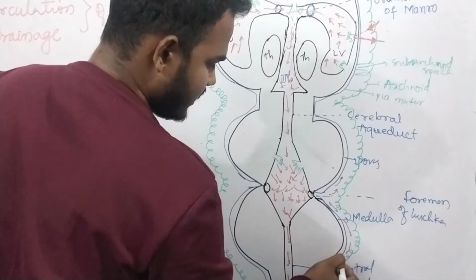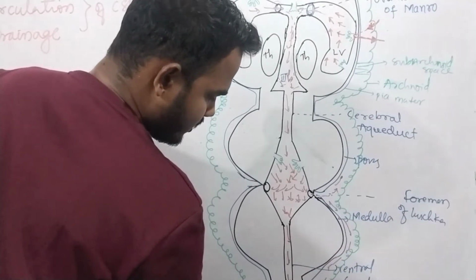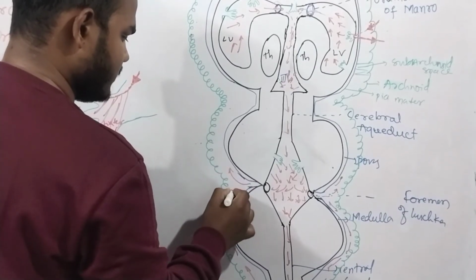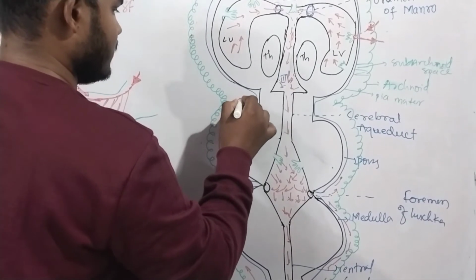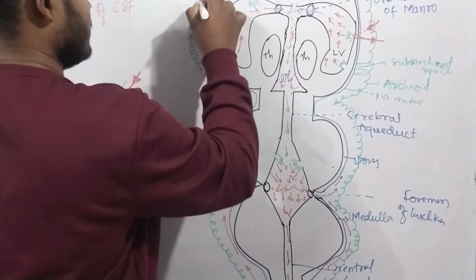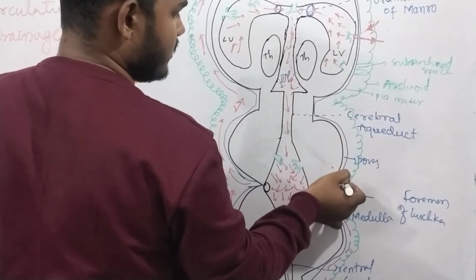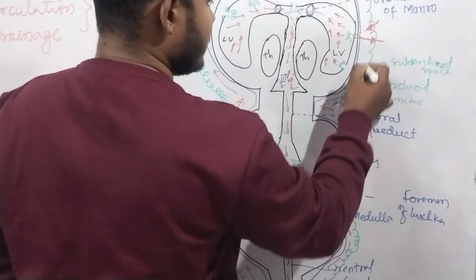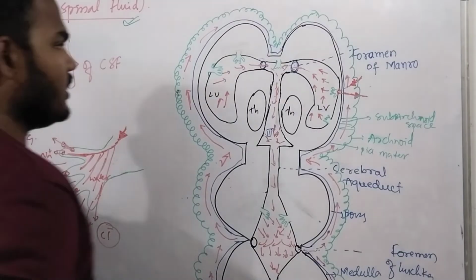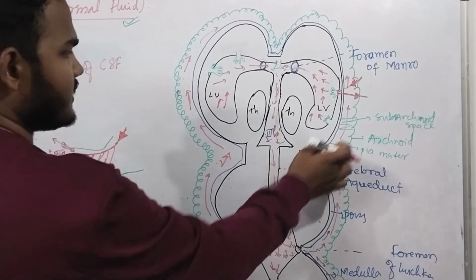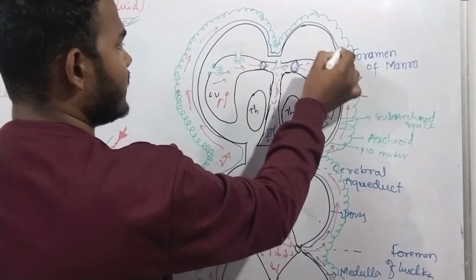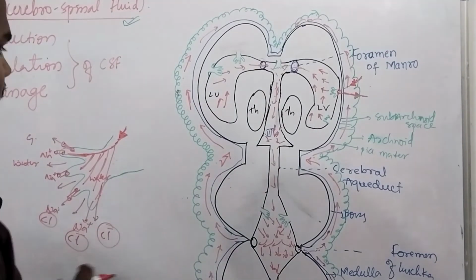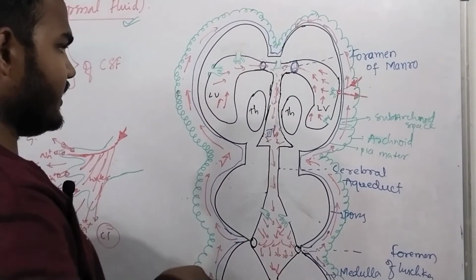The CSF in the subarachnoid space comes here and here. Now, the last covering is important.